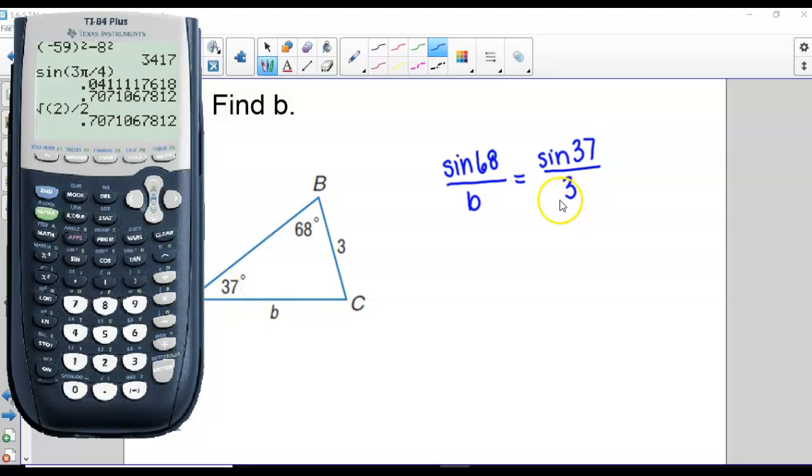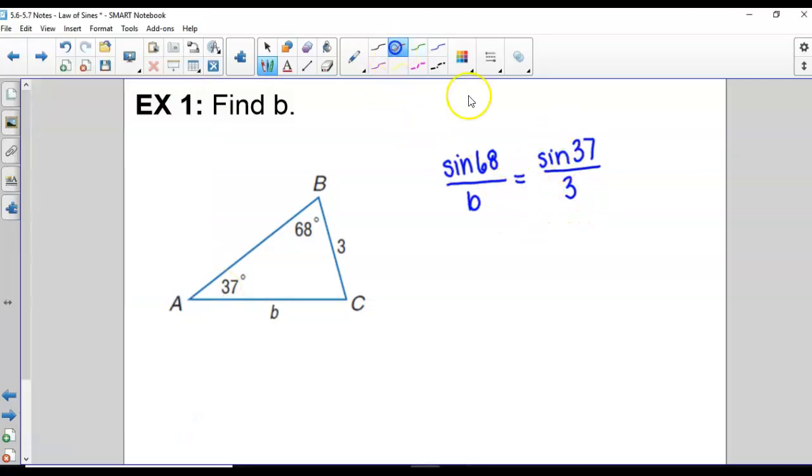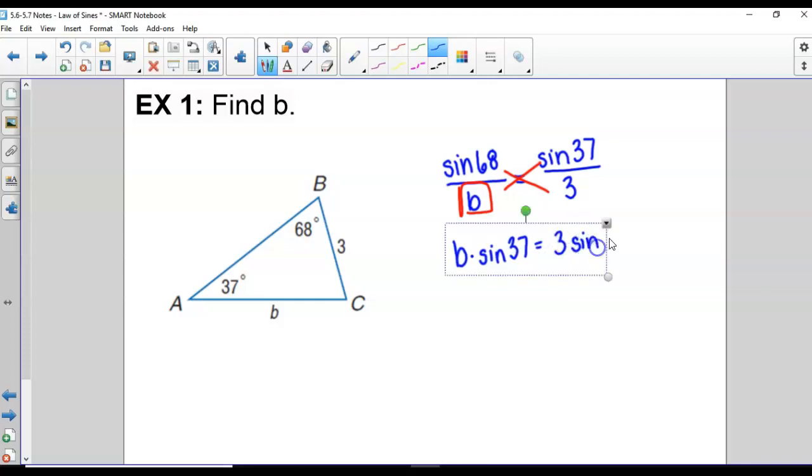Okay, so to solve this, we're trying to get b right here by itself. I usually just tell students cross multiply. So you get b times sine of 37 equals 3 times sine of 68.